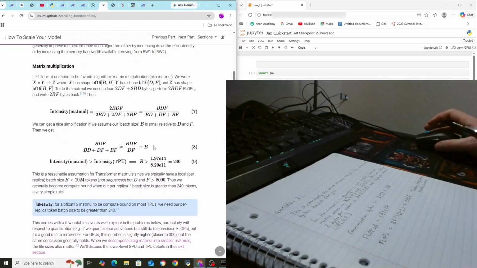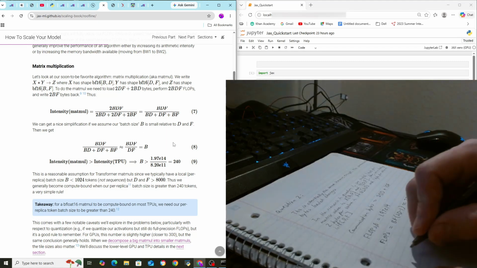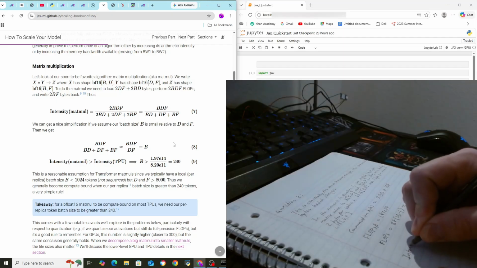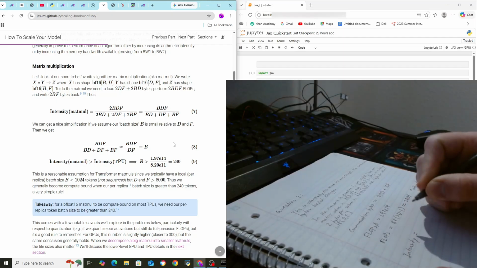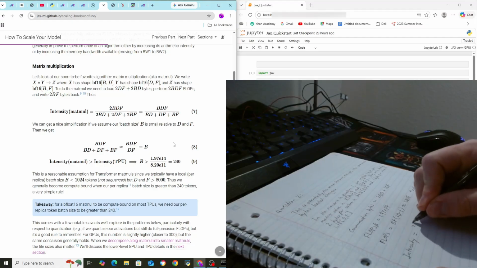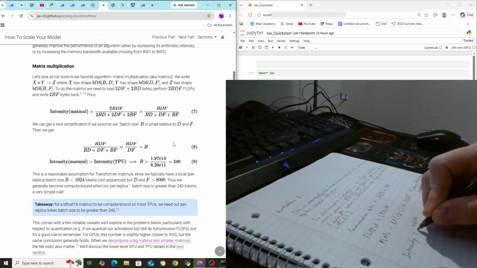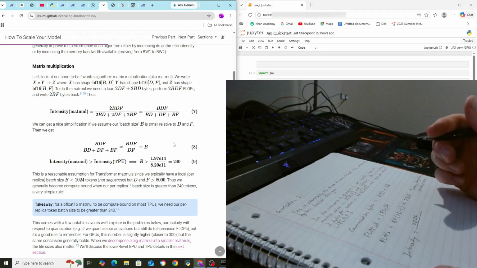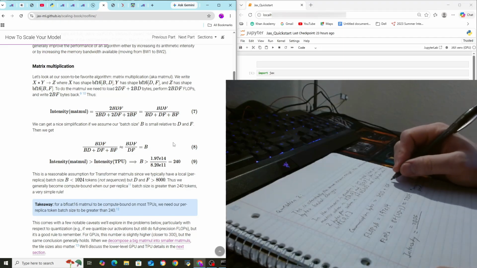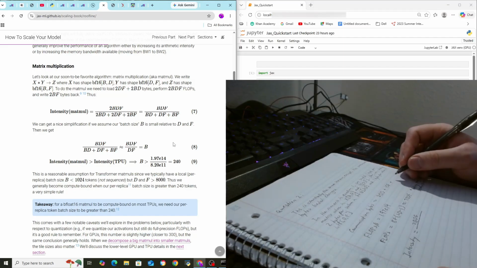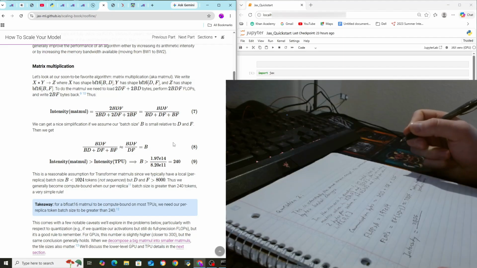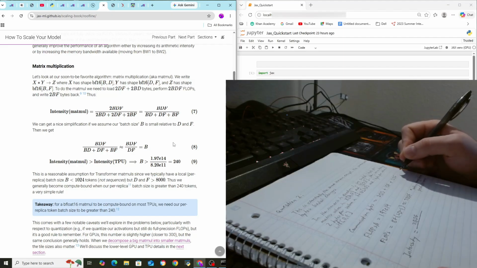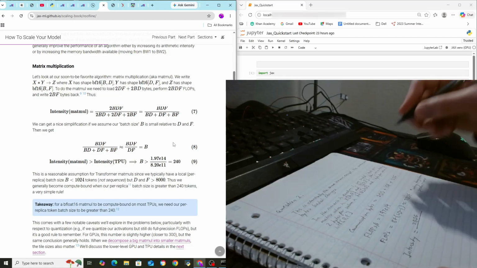So let's basically repeat what's going on here. So let's say intensity equals 2BDF divided by, forgot you have 2BF from writing.